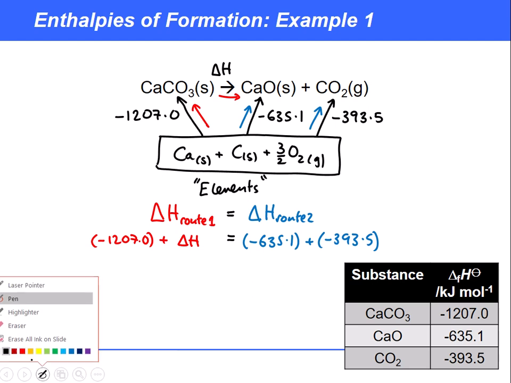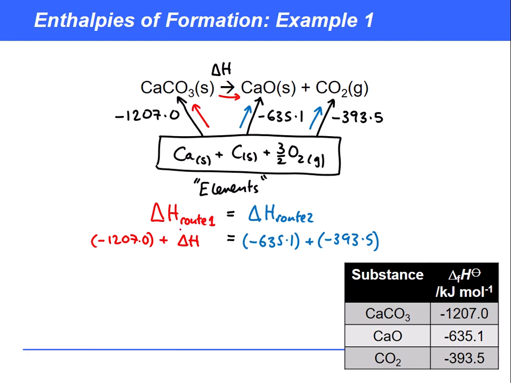So now our third stage, once we've equated our two expressions that corresponded to the total enthalpy change along the two routes, we then solve for our unknown. We take delta H there. We subtract this value from both sides. If we add these up, we're going to find that they come out to be minus 1028.6.